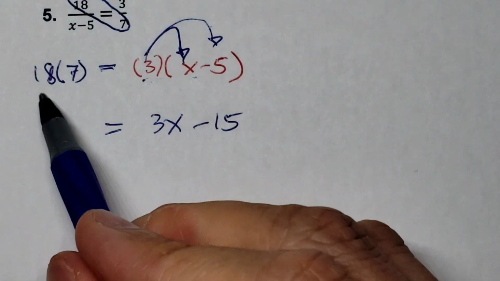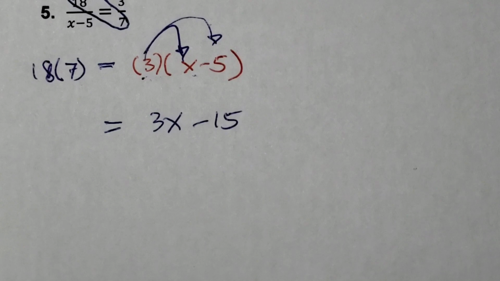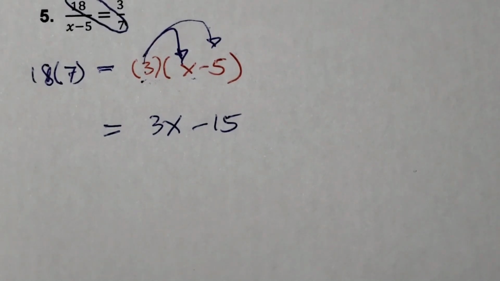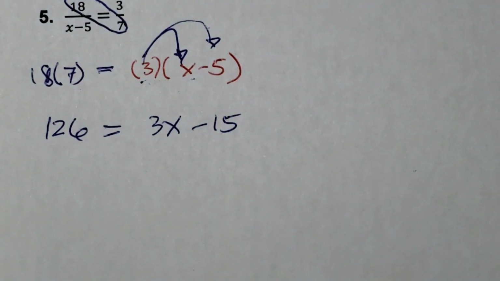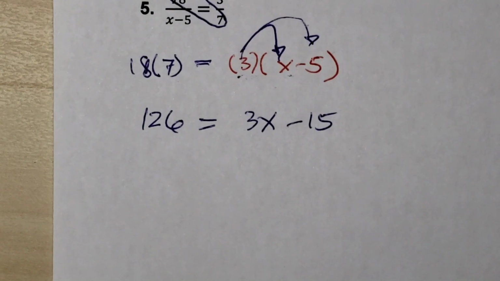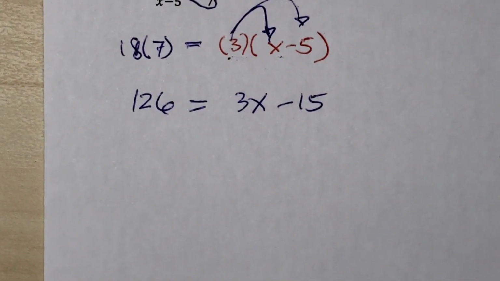And then 18 times 7, if you use your calculator, should give you 126.